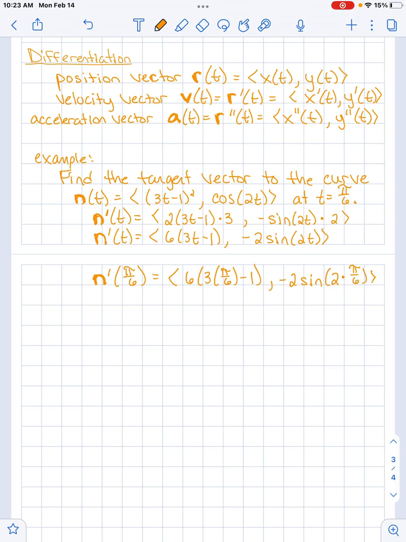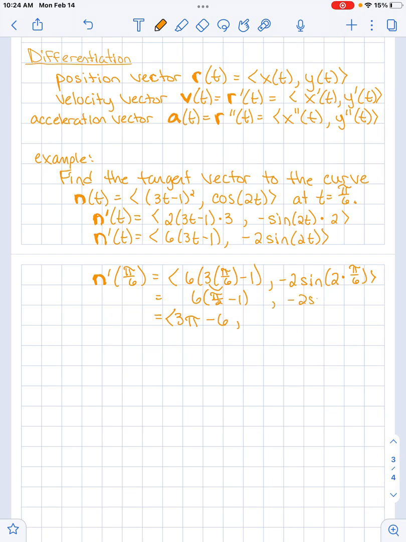Okay, we're going to simplify this. 3 times pi over 6 is pi over 2. 6 times pi over 2 is 3 pi, minus 6 times 1, so minus 6. So there's our first part of the velocity vector.